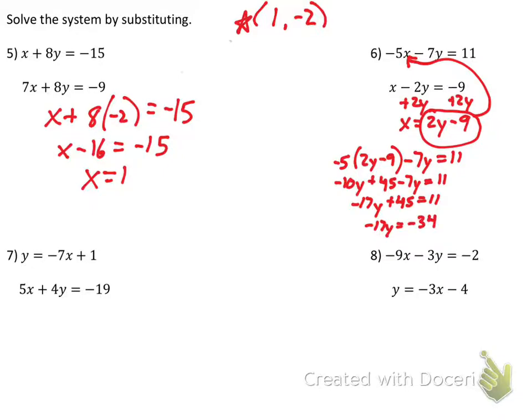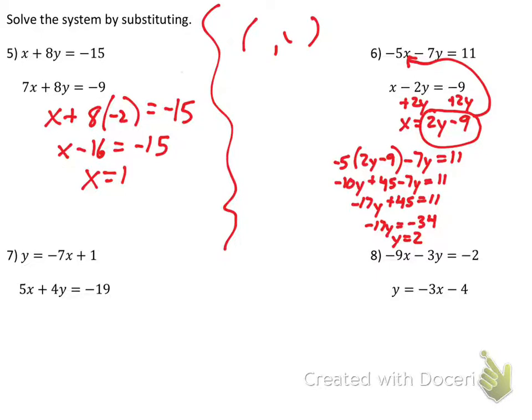Divide each side by negative 17, and I get y is equal to 2. So in this second equation, my y is going to be equal to 2.